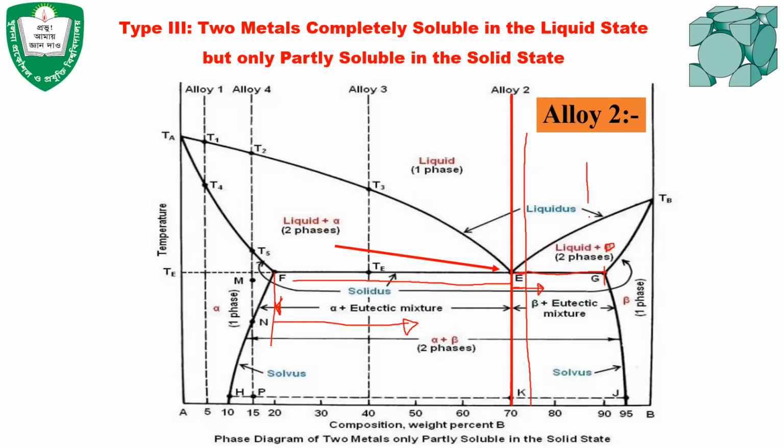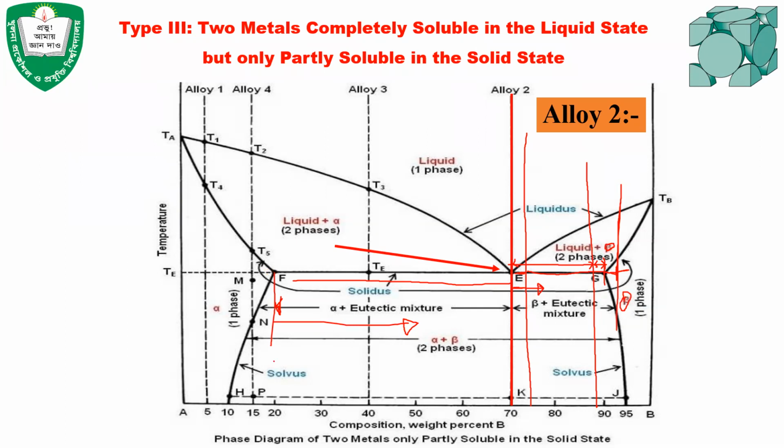If you consider an alloy in here, that will have a large amount of beta and a small amount of eutectic mixture. And if we move further from this point, in this region, at this temperature, it will be completely beta, 100% beta.